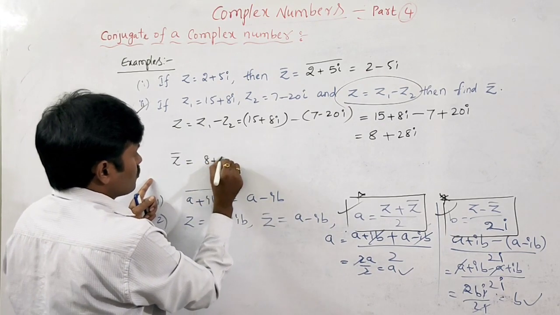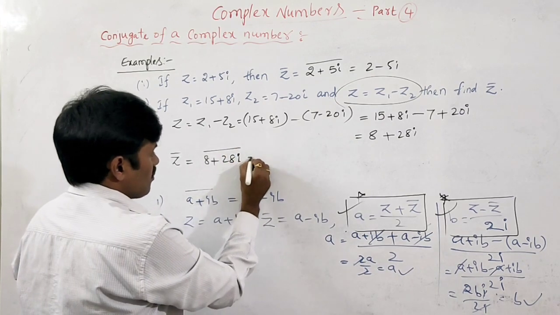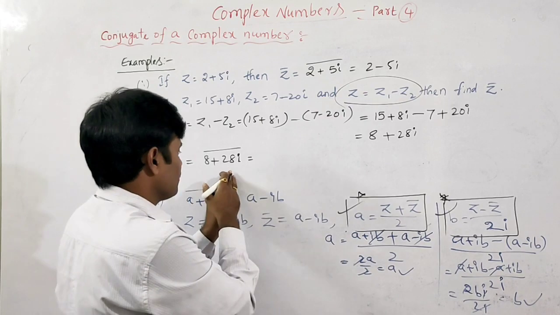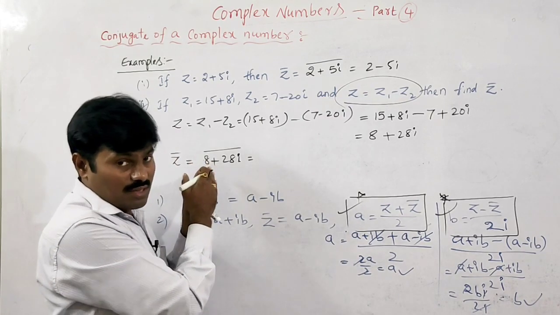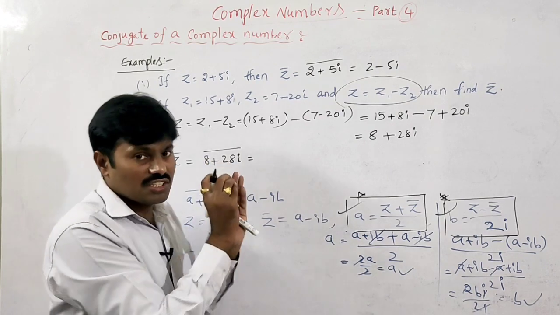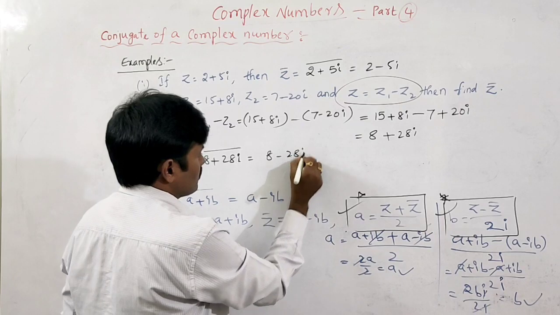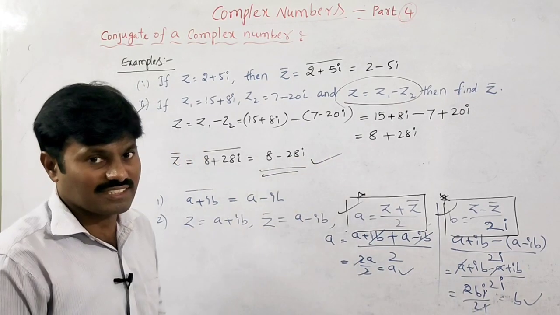So 8 minus 28i. A small hint: when the complex number is in the form a plus ib, just change the sign of its imaginary part. That is the final answer. Okay, then it is its conjugate.